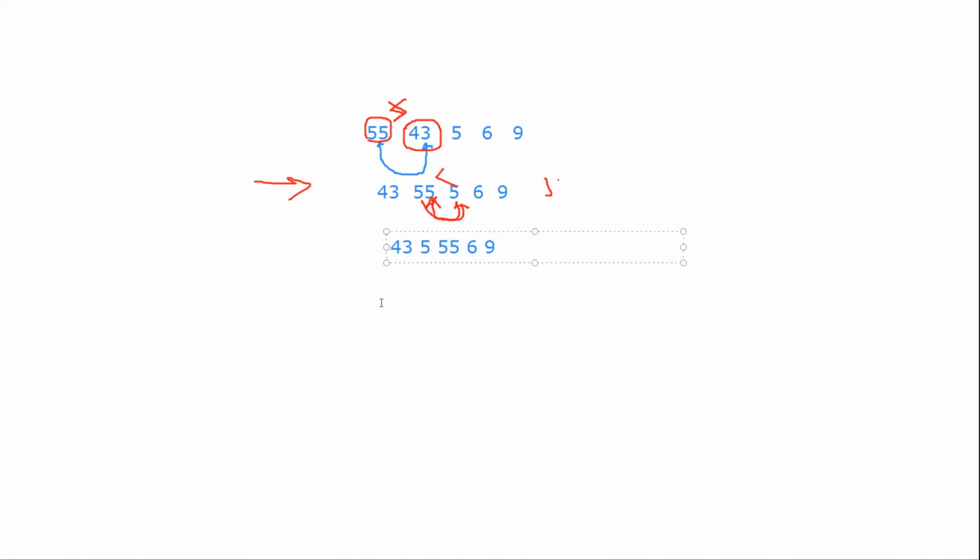At the next step, compare 55 with next element, that is 6. In this condition, 55 is greater than 6, so interchange these two elements. So new list is 43, 5, 6, 55 and 9.